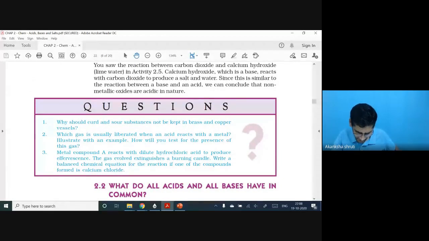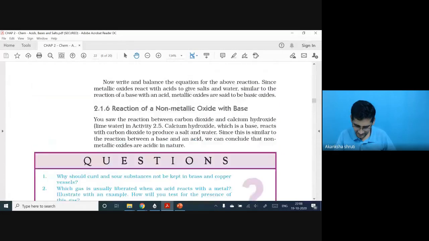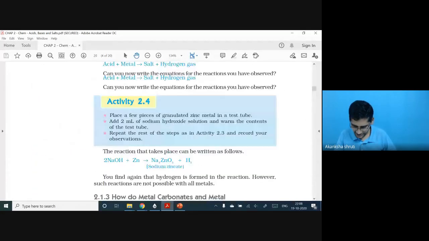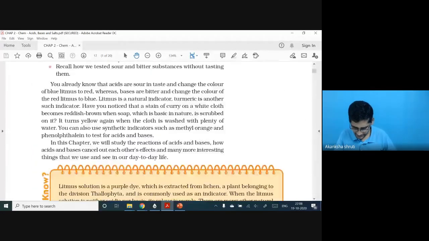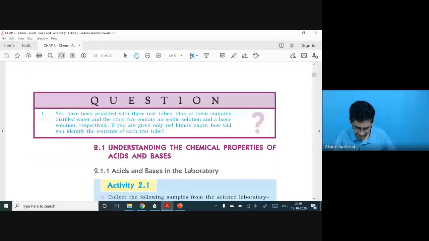Student, now you are able to see this. This thing we will see later, but this part you are able to do. This question, student, please do it quickly.